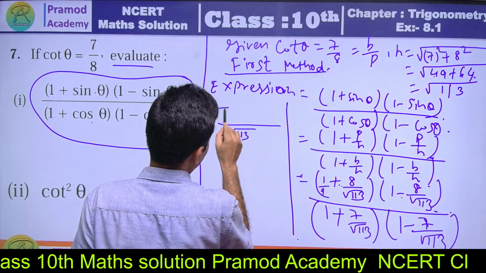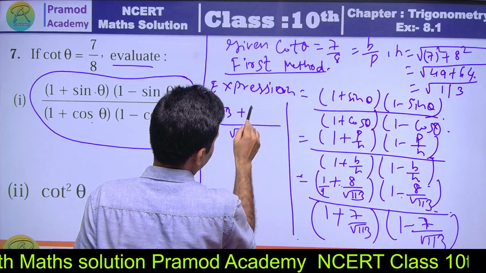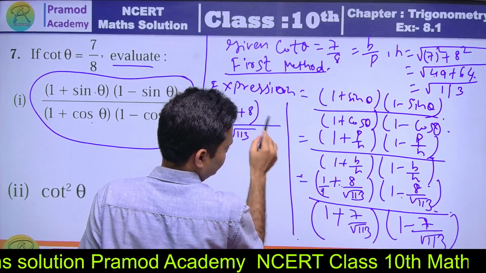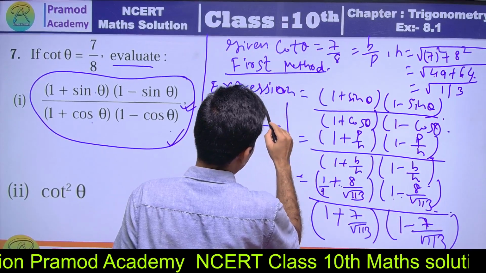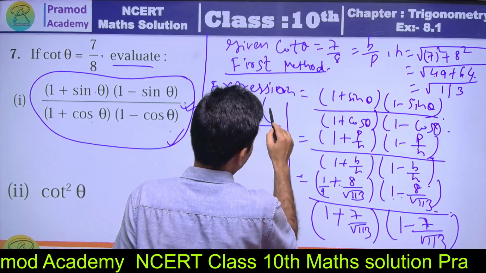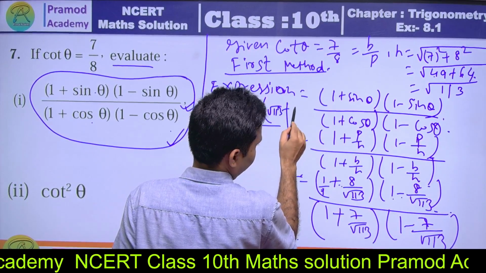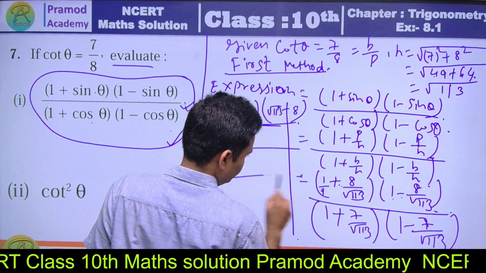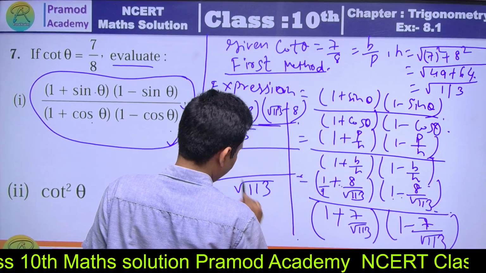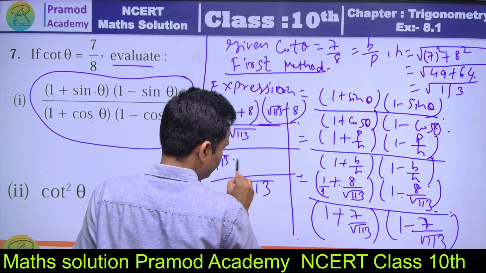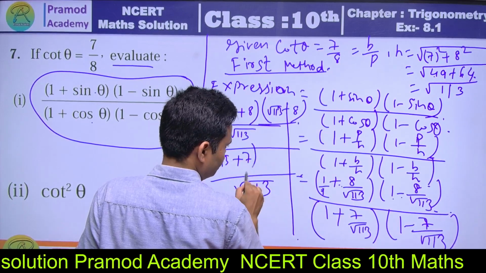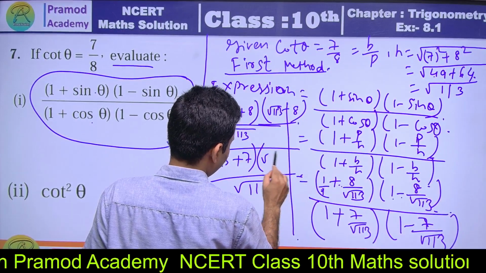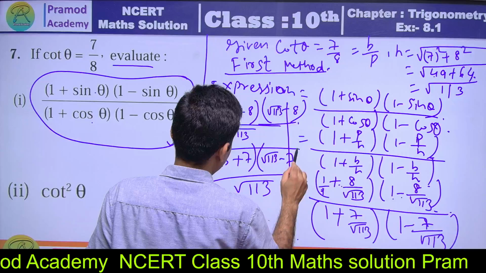So root under 113 plus 8, and here will be also LCM root under 113 minus 8 by root under 113, root under 113 plus 7 into root under 113 minus 7.